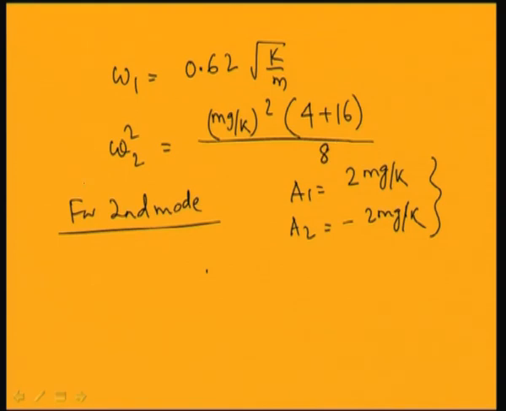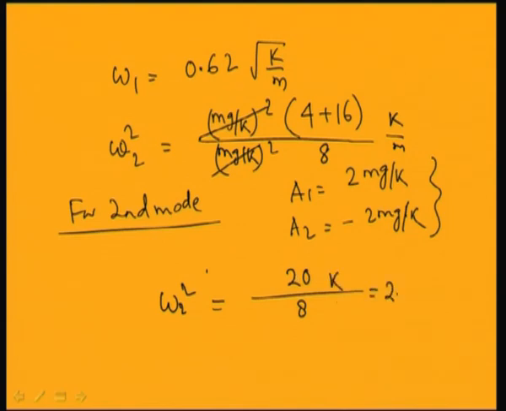So for the second mode, omega 2 square is also (mg by k) whole square times this, so this cancels. Omega 2 square equals 20 by 8 k by m. 20 by 8 gives 2.5, so omega 2 square equals 2.5 k by m.